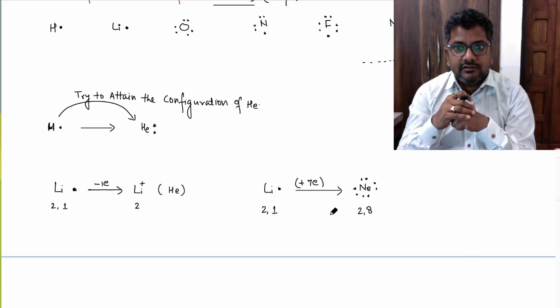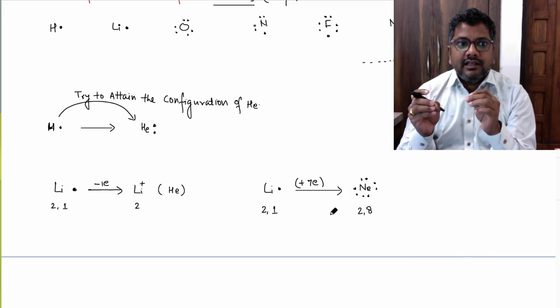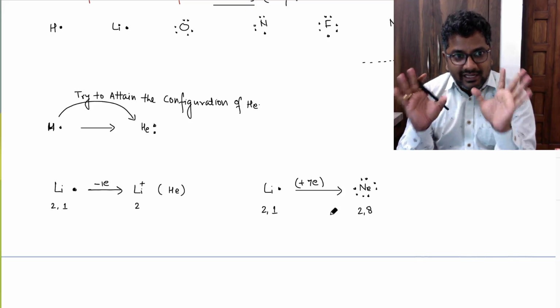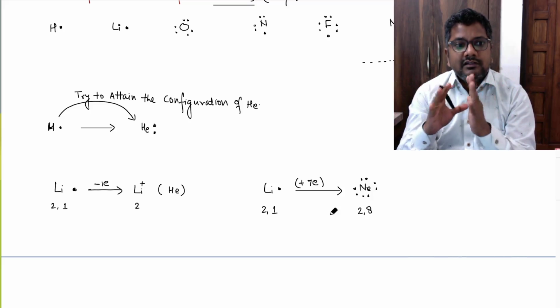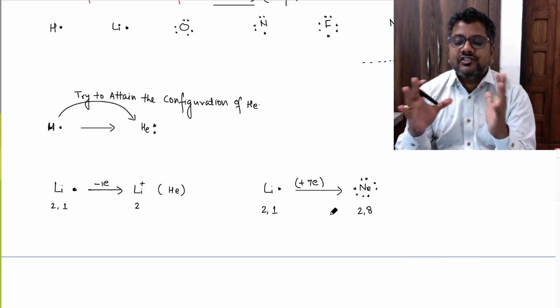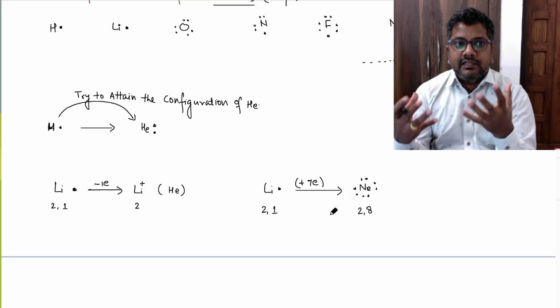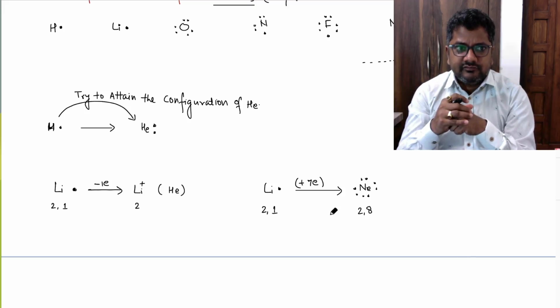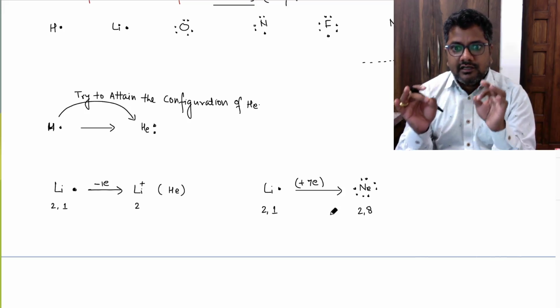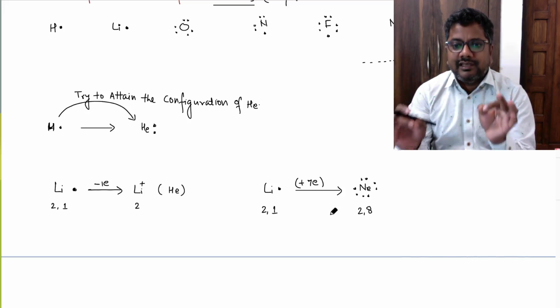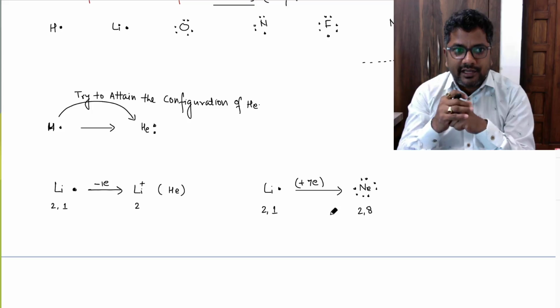But I am not telling that it never achieves this state. It can, but in those states it is not stable. You cannot isolate those molecules or systems in the form of a stable system. Lithium can accommodate 8 electrons, and we have some examples in which it does.